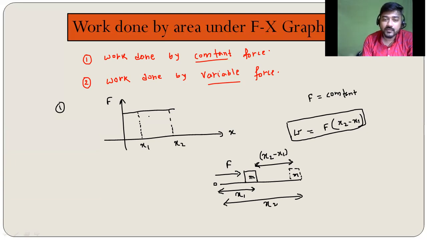Now if you find the area under this F-x curve, what will be the area? This is nothing but a rectangle, whose height is F and whose base is x2 minus x1, according to the figure. So what will be the area of this rectangle? F into (x2 minus x1).